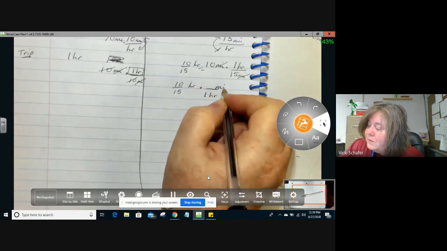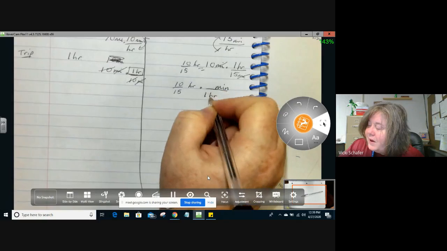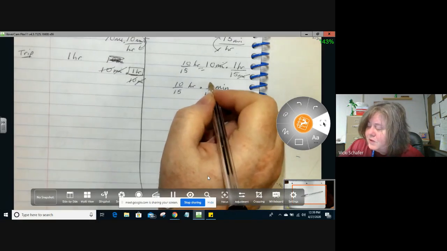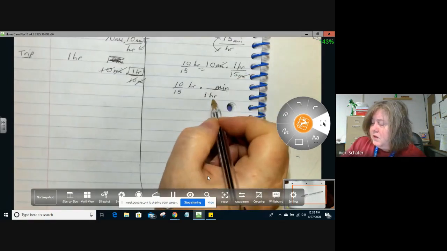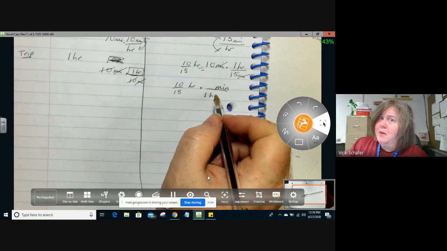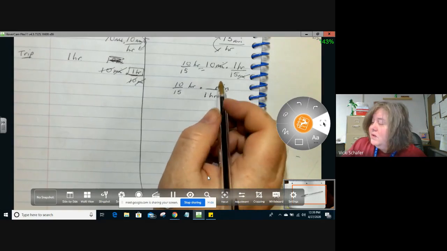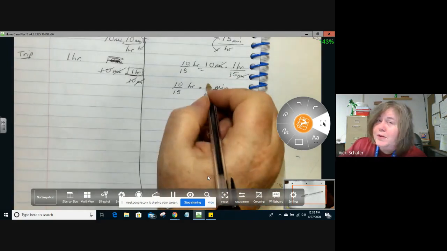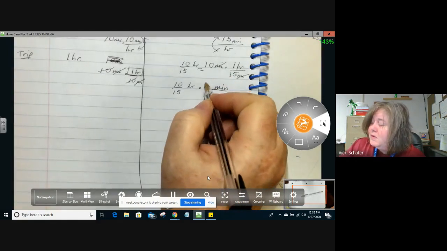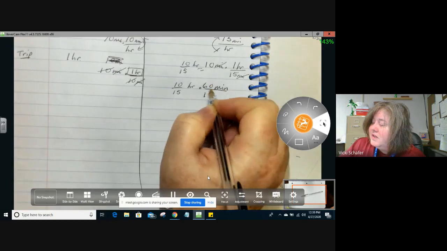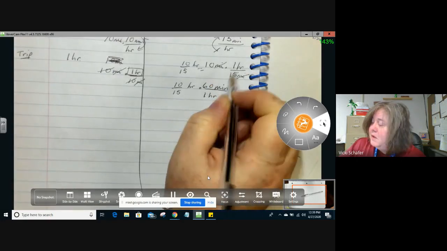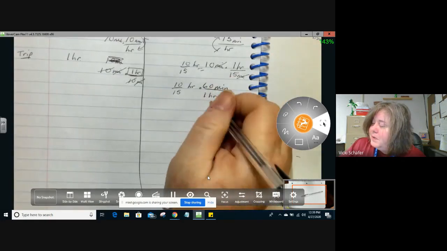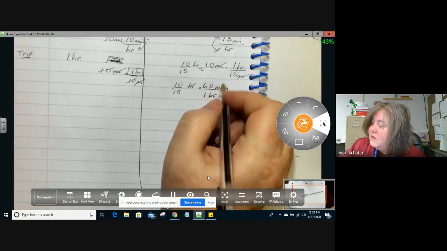And since we want it to be in parts of an hour or minutes, we're going to put the number of minutes there are in every hour on top of this ratio. So, how many minutes is in an hour? You could count it by fives if you're looking at a clock. You could look it up on Google. But hopefully, most of us know by now that there are 60 minutes in every hour. Now that we have this set up, our hours are going to cancel.